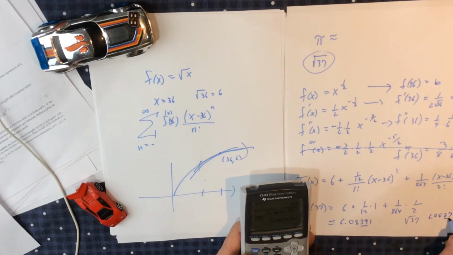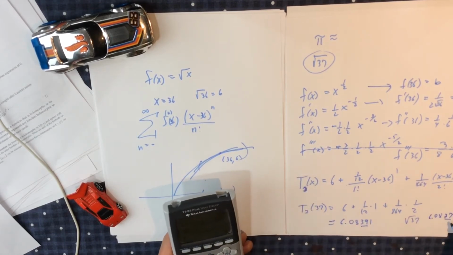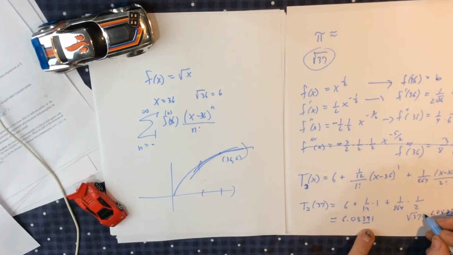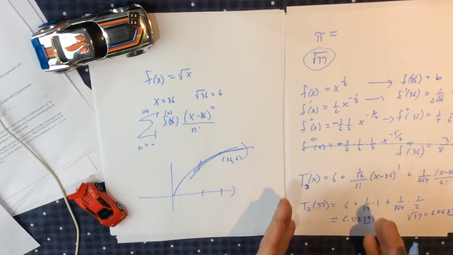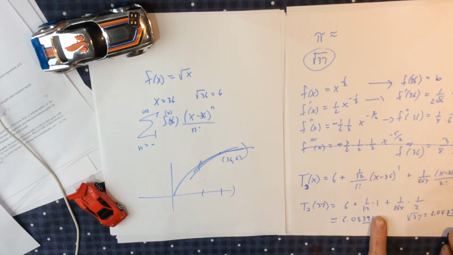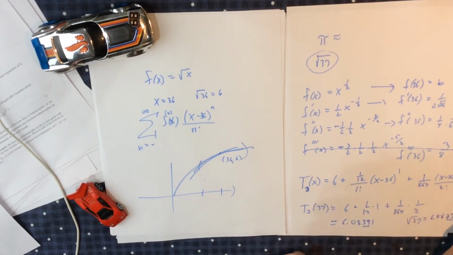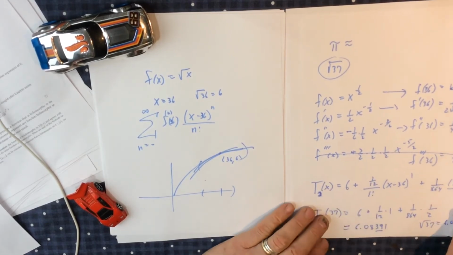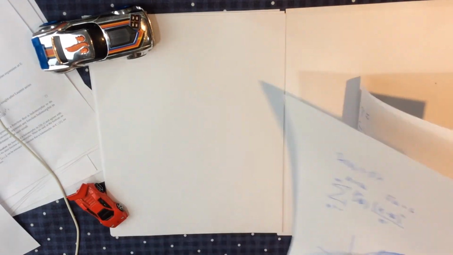So it looks like we were off by 11 ten-thousandths. It wasn't terribly accurate, but I just used a quadratic. This is how we use these series, and we can come up with some great values.